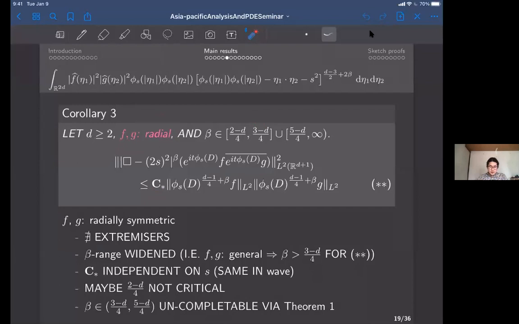And then the last two remarks are kind of important ones. This lower bound, 2 minus d over 4, may not be the critical one. I can tell this is rather a strange number, and I definitely had a technical issue, so you could go to a lower number for beta.